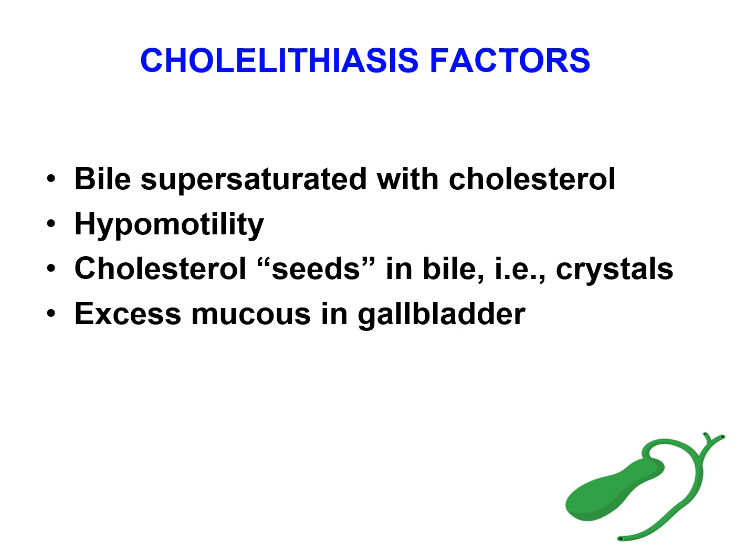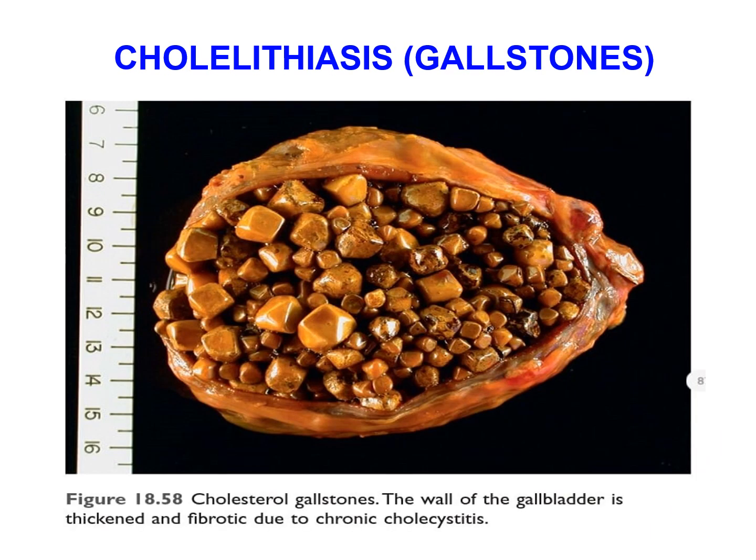Four conditions appear to contribute to the formation of cholesterol stone: supersaturation of bile with cholesterol, hypomotility of the gallbladder, accelerated cholesterol crystal nucleation, and hypersecretion of mucus in the gallbladder, which traps the nucleated crystals, leading to accretion of more cholesterol and the appearance of macroscopic stones.